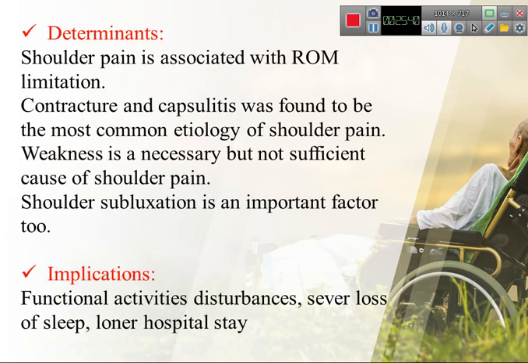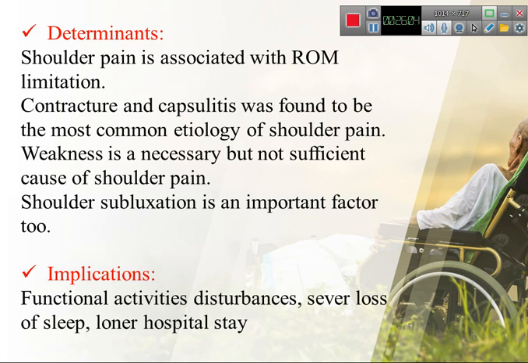Okay? As I said, when you have restriction in your ROM, you may have shoulder pain. And when you have shoulder pain, you may have ROM limitation. Contracture, capsulitis, found to be the most common etiology of shoulder pain. Weakness.